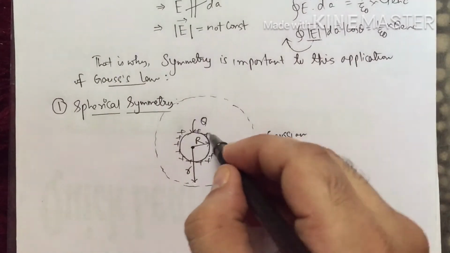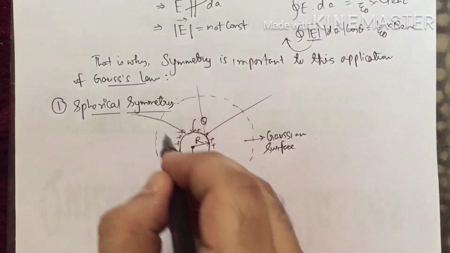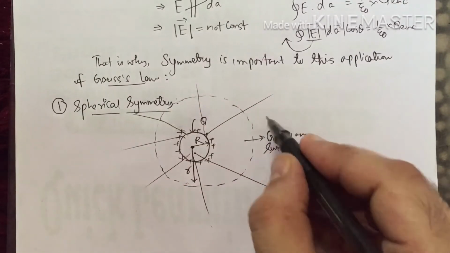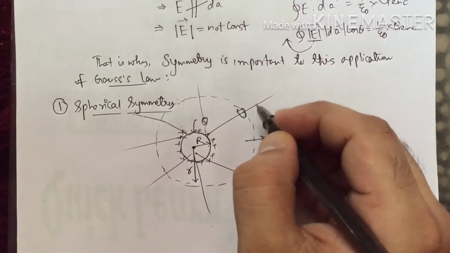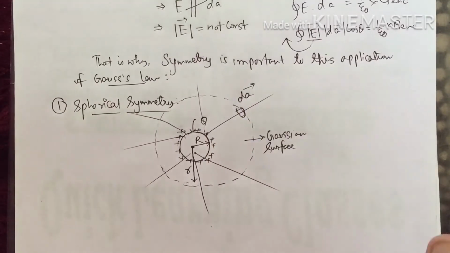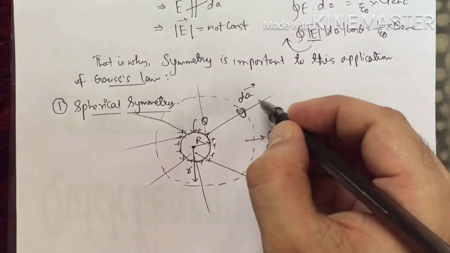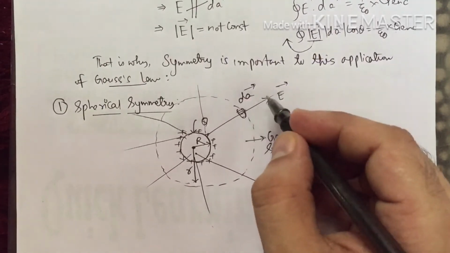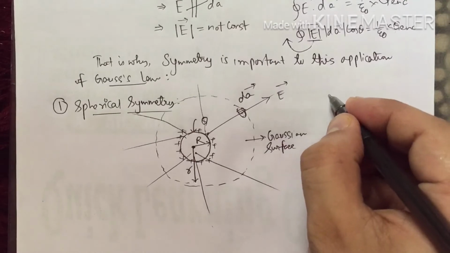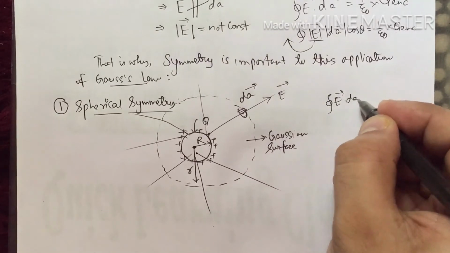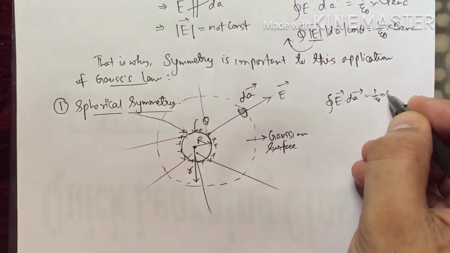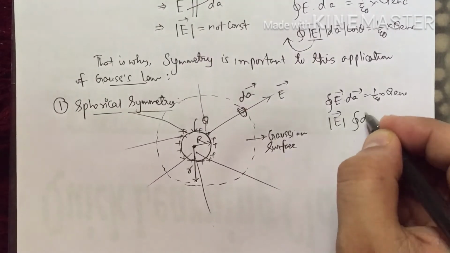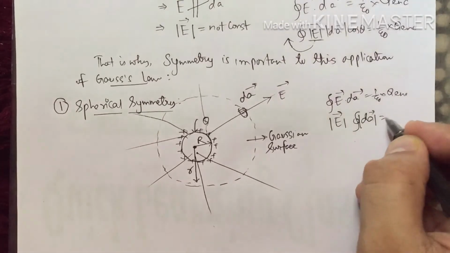So in this case, all the electric field lines will pass through this Gaussian surface, and if you consider any area element on the Gaussian surface, you'll find that the electric field vector and the area vector will be parallel, and hence for the integral E dot dA, which is equal to 1 by epsilon naught times the charge enclosed, the magnitude of E will come outside of the integral and we will only be left with the magnitude of dA.